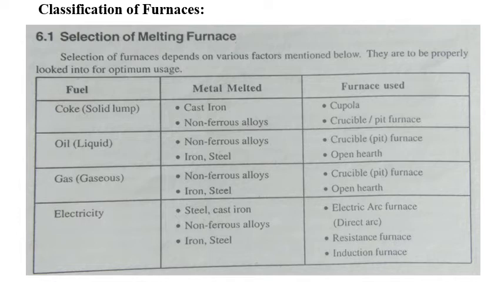For steel and cast iron you can go for the direct arc furnace. There are two important methods, direct and indirect arc furnaces, which we have studied. For non-ferrous metals, the resistance furnace, and for iron and steel you can also use the induction furnace.